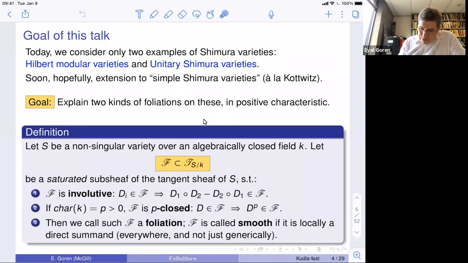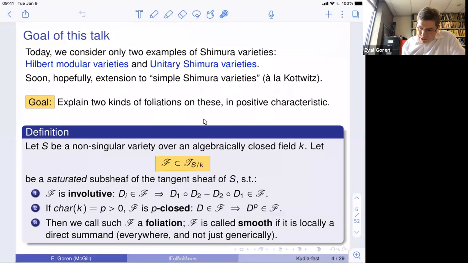In characteristic 0, that's where it stops. That's the whole definition of a foliation. In characteristic P, the tangent bundle has another property, that it's so-called p-closed. When you have a derivation in characteristic P, if you iterate it P times, it turns out to be a derivation once more.